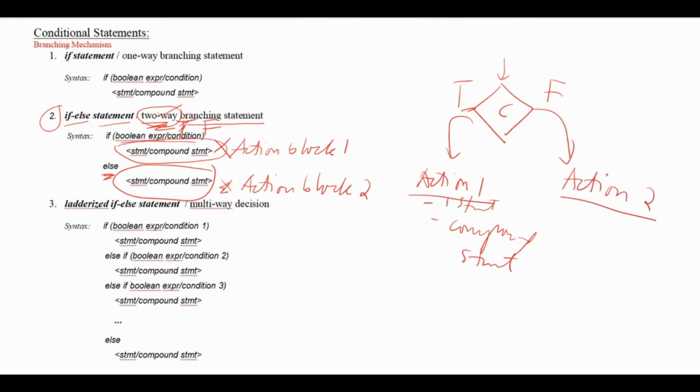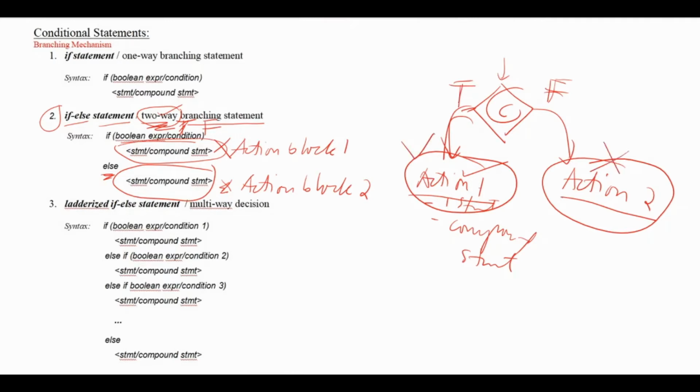So there are two ways. If the condition is true, it performs this action block. If it is false, it would execute this one. So only one of these two action blocks is executed. If the condition is true, this is executed and this one is not. If it is false, this one is not executed and this is the one that is executed.